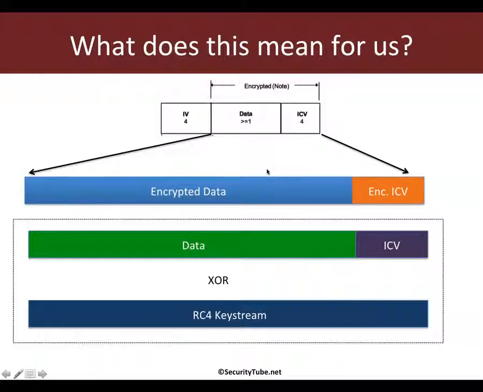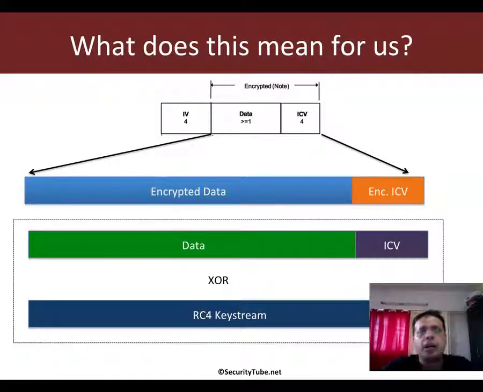Now, if you remember the basics of WEP, this can again be broken up into the actual data, unencrypted and in plain text, and the ICV for this data, which is the CRC32 checksum. And this is XORed with the RC4 key stream, which is produced by the WEP algorithm. So the encrypted data is nothing but a XOR between the data, ICV and the RC4 key stream.